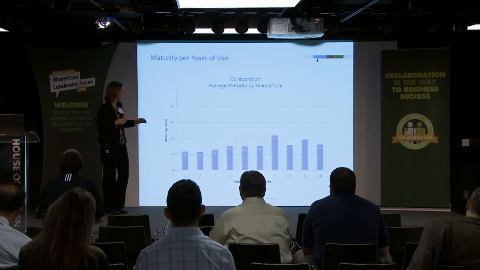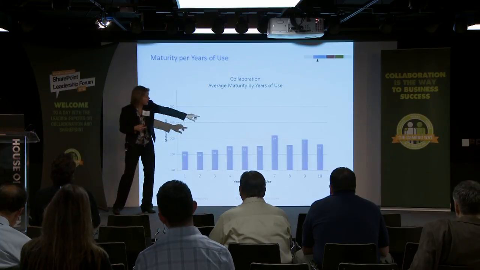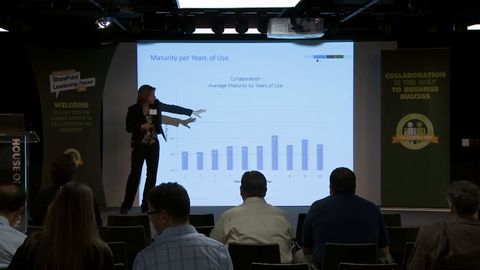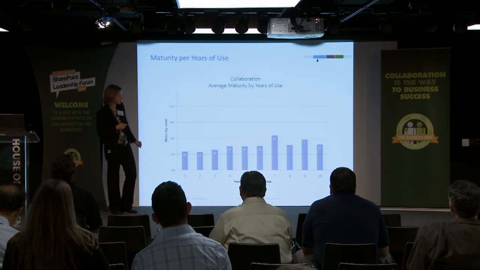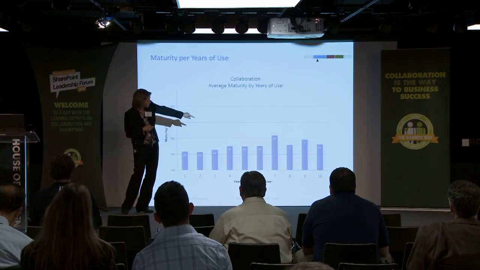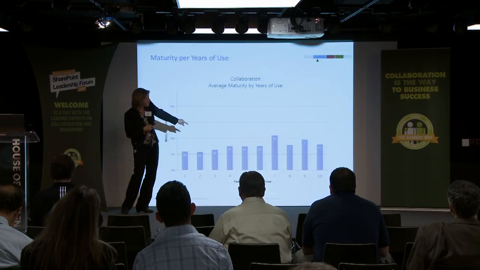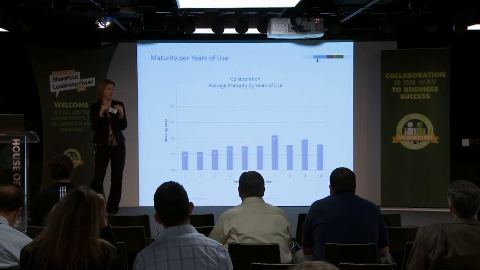This is where people are with their collaboration for the number of years of use, right? So for 10-year users of SharePoint, that's about where folks are, all the way up to one or fewer years of SharePoint. I put the number of responses at the top in white. I don't know if that's readable, but you can see down at the greater number of years, I have much fewer responses, right?